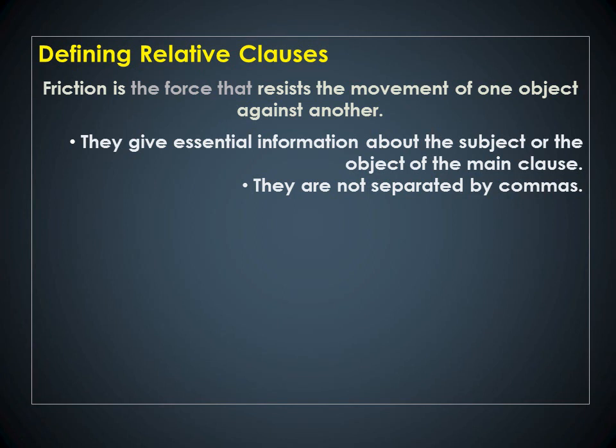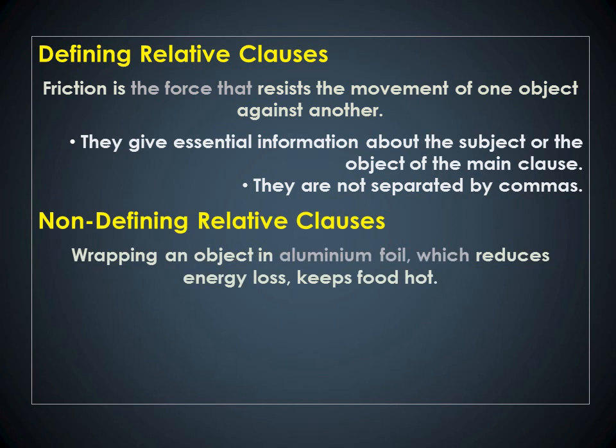Now there are non-defining relative clauses. Clearly, it's when they give extra information about the subject or the object of the main clause. You understand the sentence if you leave out the relative clause. You understand the information that was conveyed.